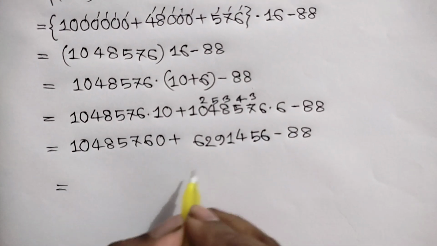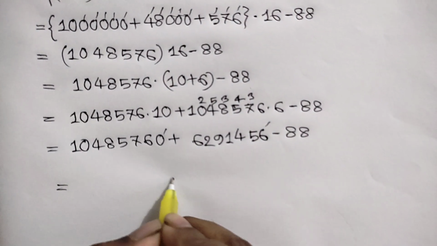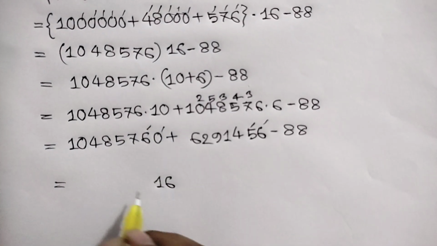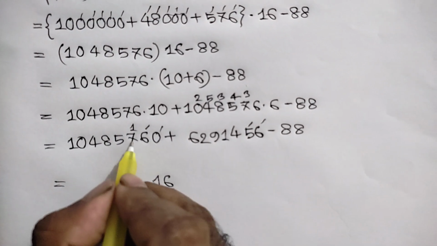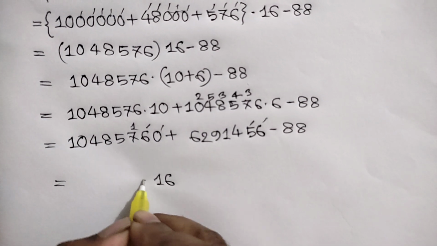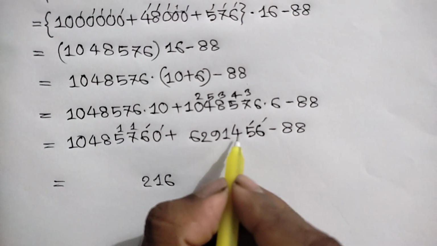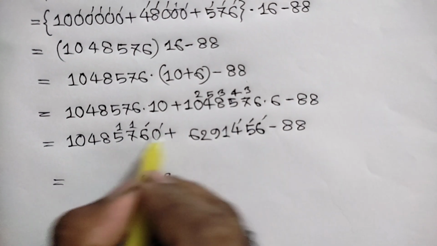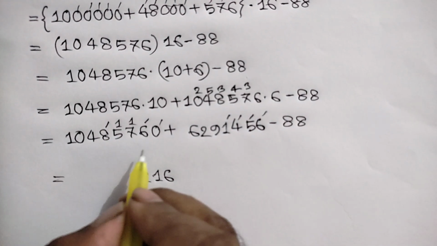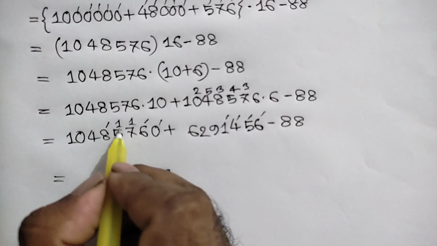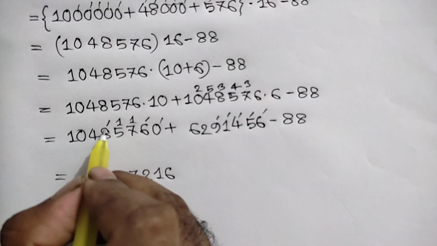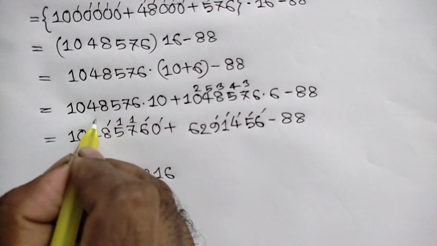Now adding these two numbers, we get 6 plus 0 is 6, 5 plus 6 is 11, so we write here 1, 1 is carry. Now 4 plus 7 is 11, 11 plus 1 is 12, 1 is carry. Now 1 plus 5 plus 1 is 7, now 9 plus 8 is 17, so 1 is carry.